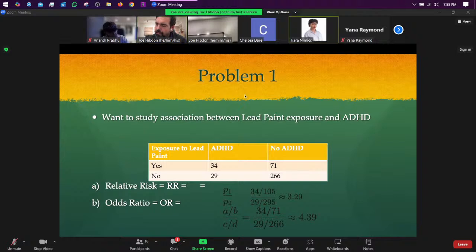I added 34 and 71. Yes. P1 is exposure with ADHD, so that's 34 divided by 105, because we have 105 total participants that were exposed to lead paint.